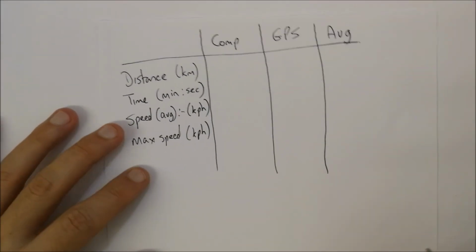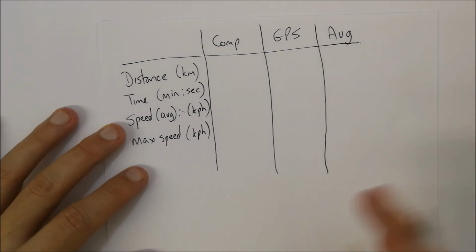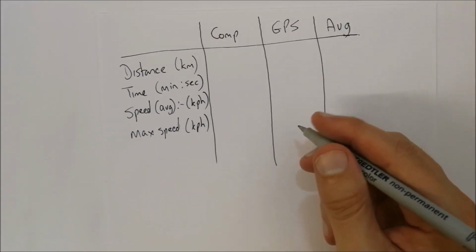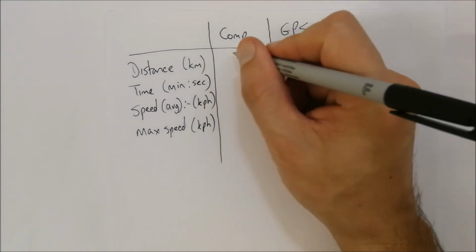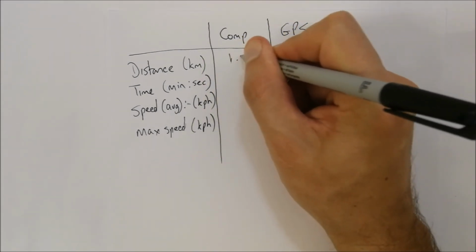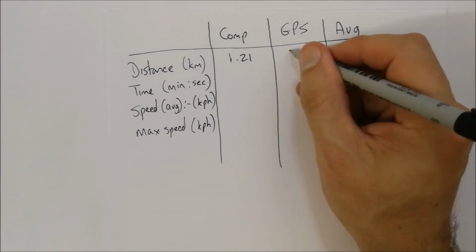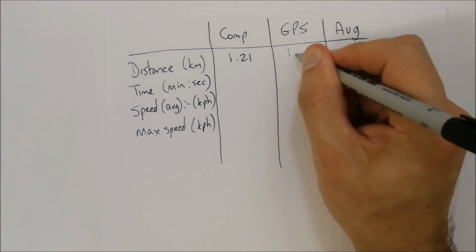Right, as you can see, different readings were obtained from the computer and the GPS. If you look at the distance that was traveled, according to the computer, 1.21 kilometers was traveled, while the GPS indicated a value of 1.22.